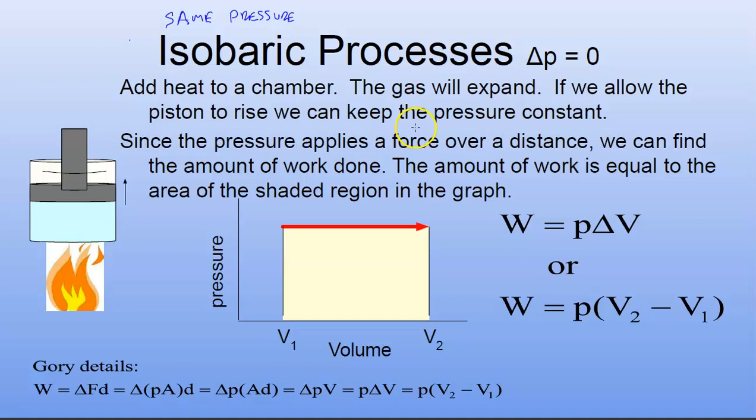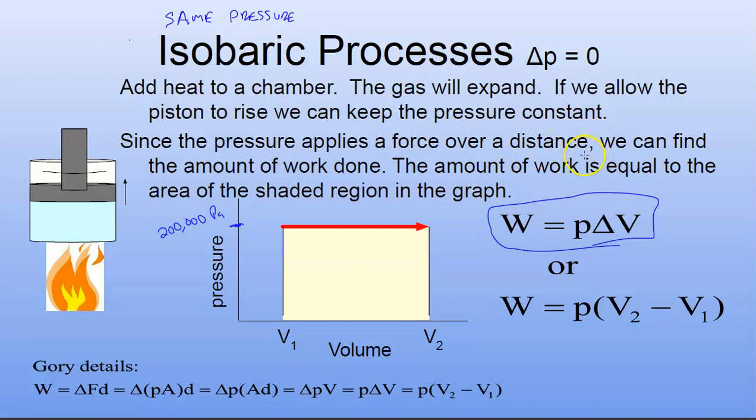When you see heat added or an expansion or whatever on one of these little cylinders, and the pressure stays the same, then you know you're looking at an isobaric process. And we have a formula over here that says, how much work am I going to get out of that? And it's real simple. You take this constant pressure. Let's just make up a number here. Let's say that the pressure is 200,000 Pascal.